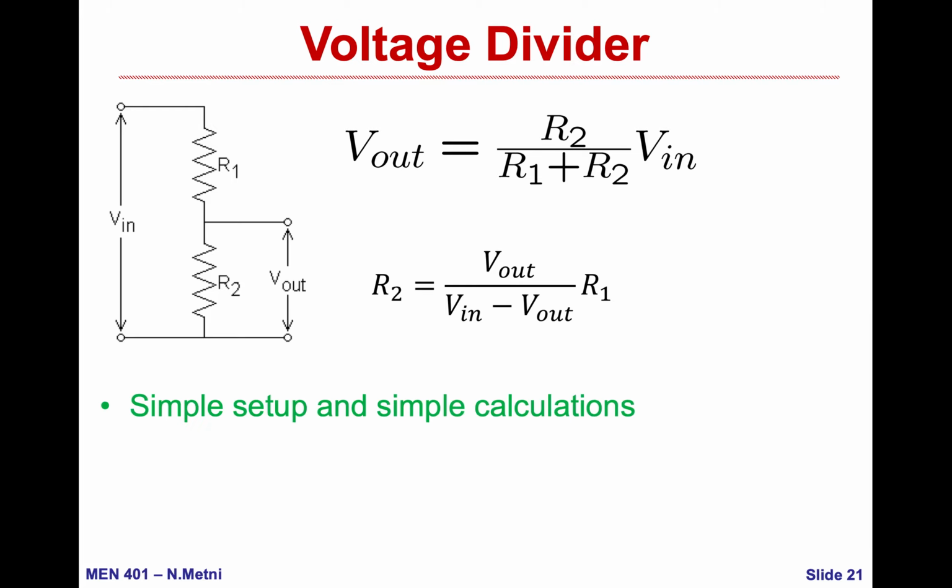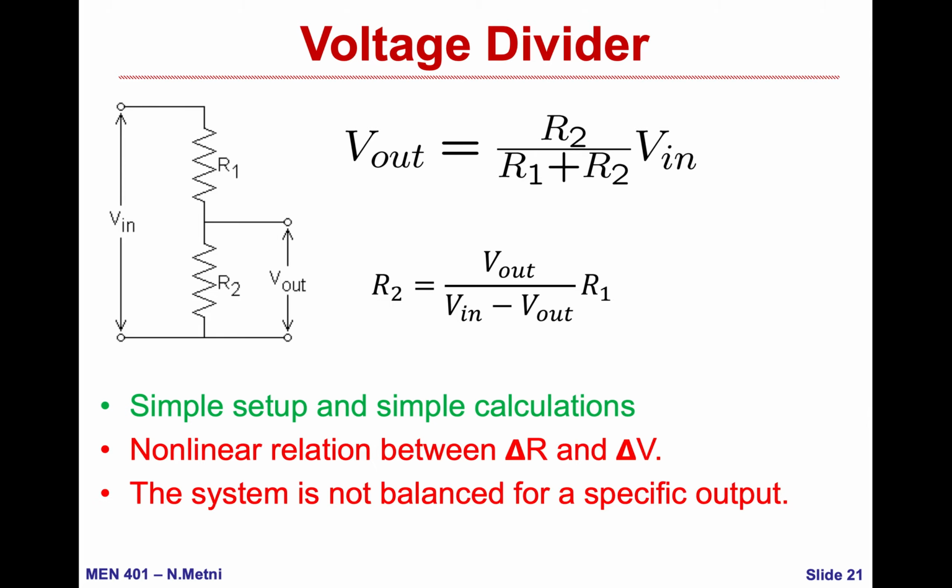As you can see, it's a simple setup, simple calculations. The drawback of the voltage divider is twofold. One is that if you do the relation between delta R and delta V, I did not put it here, but consider that R2 will change.